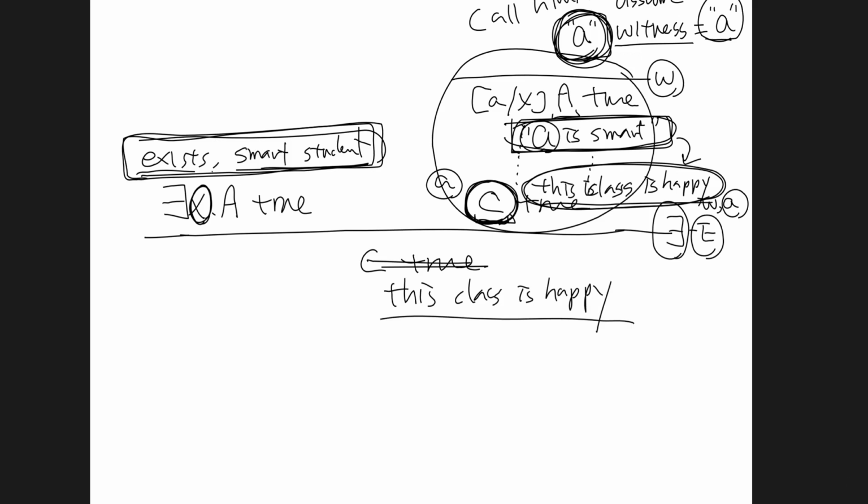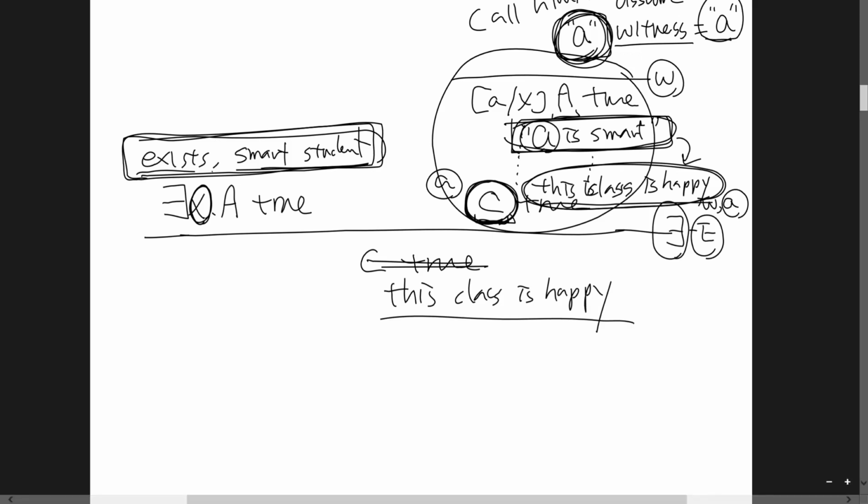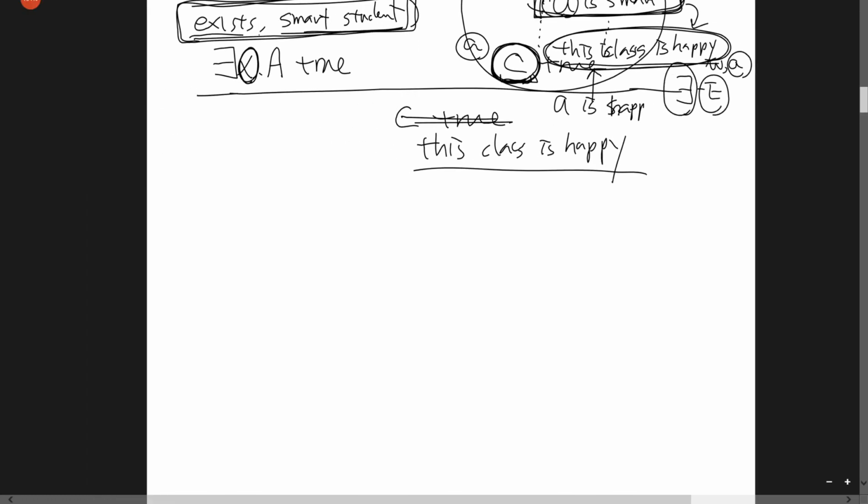But suppose that this conclusion included A. For example, A is smart. Well, we start with A is smart, so we deduce A is happy. So what that means is that existential XA, this is there exists some smart student.